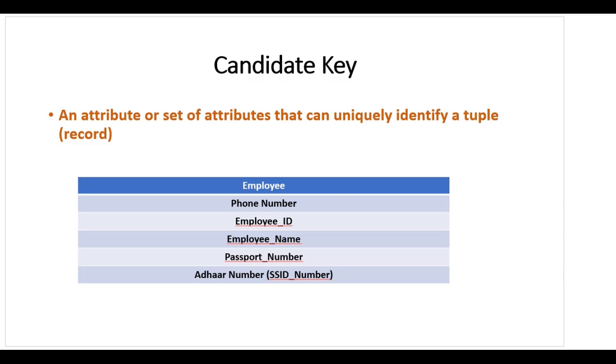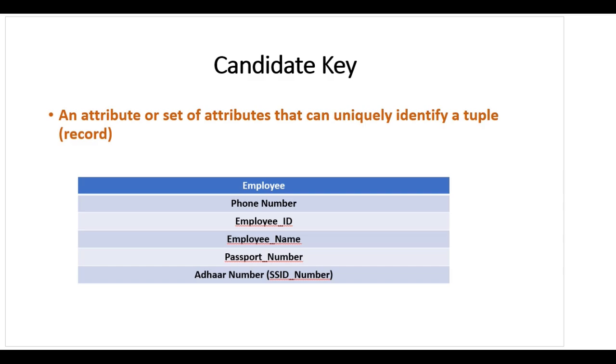Passport number, yes, it can be unique. Similarly, SSID number can also be unique. Any of these can be uniquely identified and can help us identify the record, right?